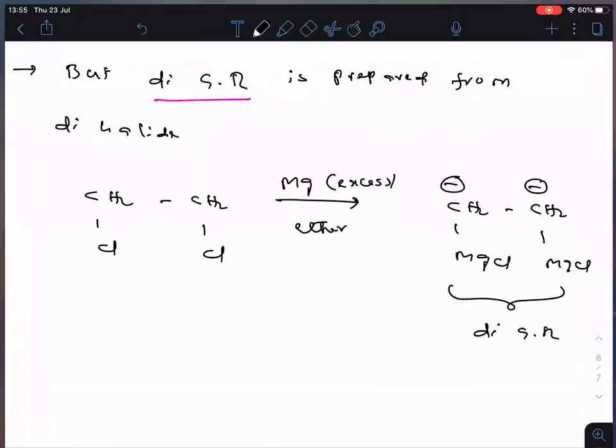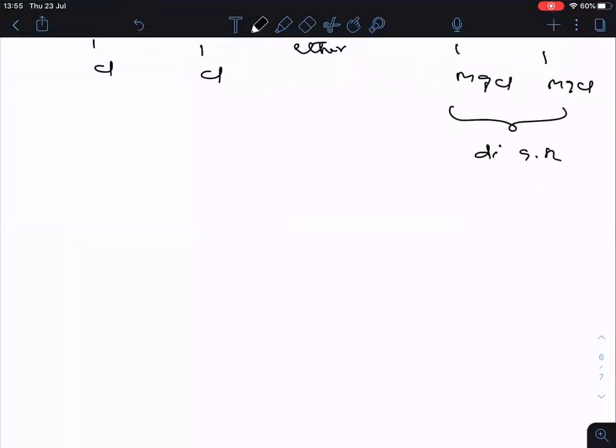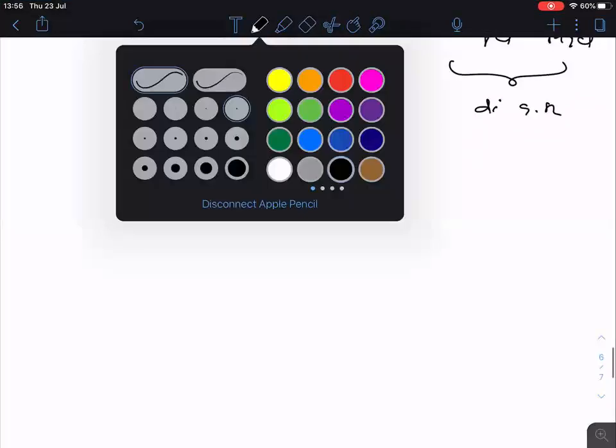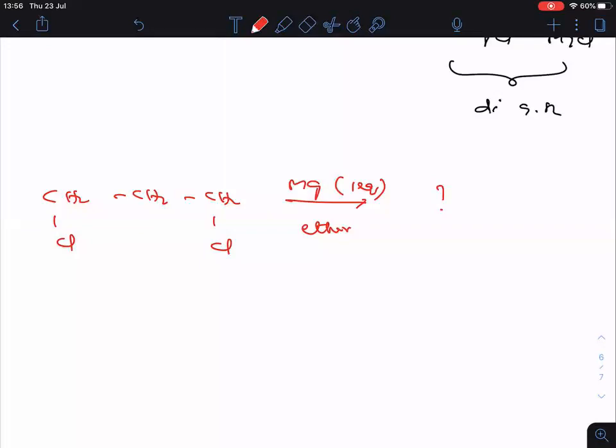Now, let me take one question I want to give. Try to solve this question. Come on, everyone. CH2Cl, CH2, then CH2Cl. Here, magnesium, one equivalent, and in presence of ether. So, what is the product formed?